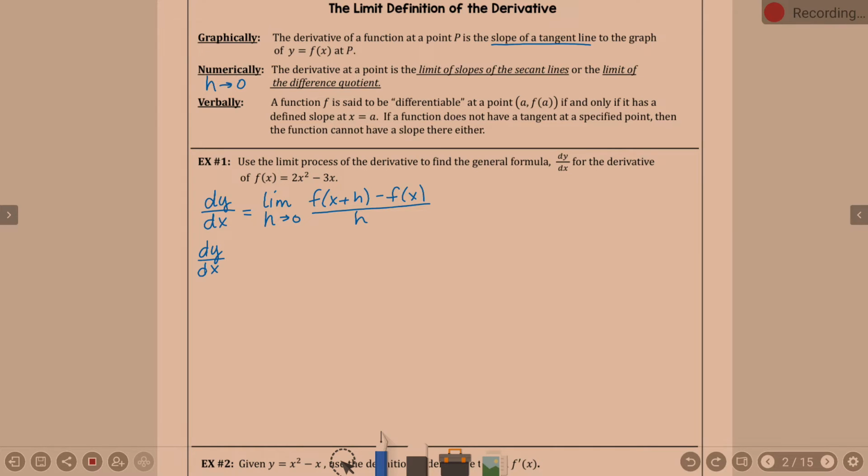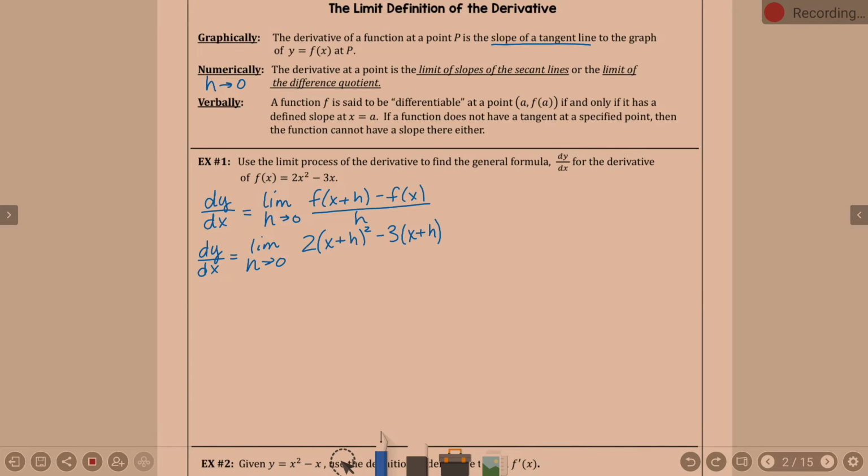So dy/dx is going to be the limit as h approaches 0 of f of x plus h. How am I writing this out to begin with? 2 times (x plus h) squared minus 3 times (x plus h).